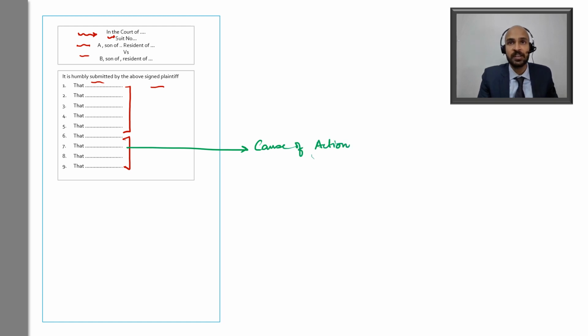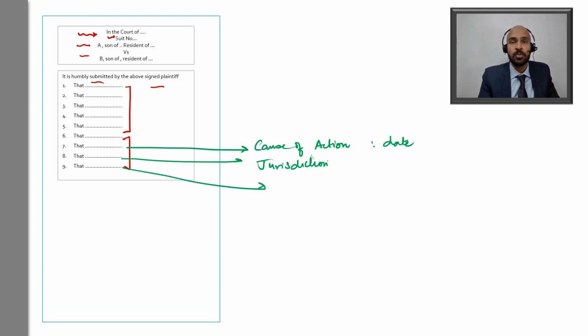So you must state the date of the cause of action. You must also include the point that shows that the court has jurisdiction. You must include the point that shows that you have paid the requisite court fee and that you have filed the suit within the limitation period.